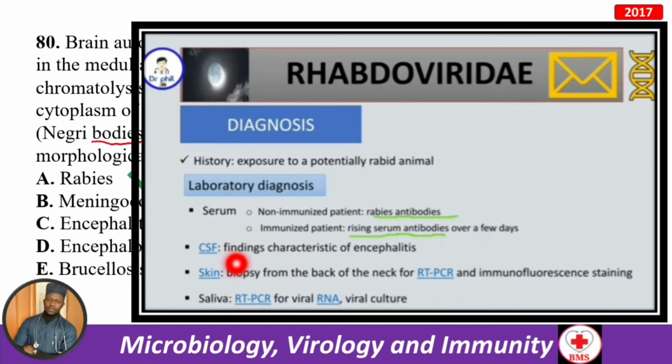In the cerebrospinal fluid, we'll find the characteristics of encephalitis. Skin biopsy from the back of the neck for reverse transcriptase polymerase chain reaction and immunofluorescence testing. And we can also test saliva for viral RNA and viral culture.